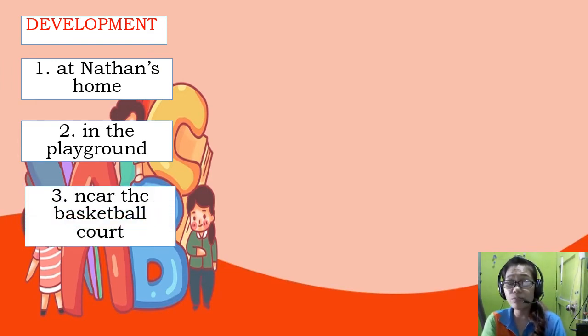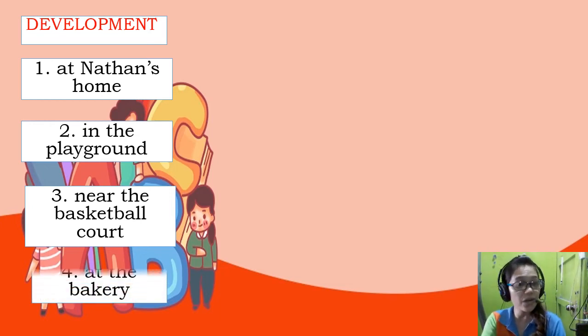Near the basketball court. Next, number 4. Where did Peter buy the bread this morning? Your answer must be at the bakery. At the bakery, at Nathan's home, in the playground, near the basketball court are all examples of adverbs, also known as adverbs of place.